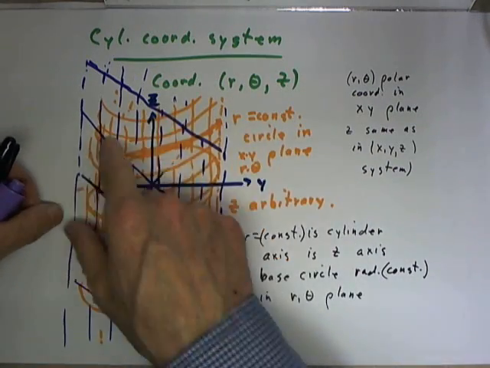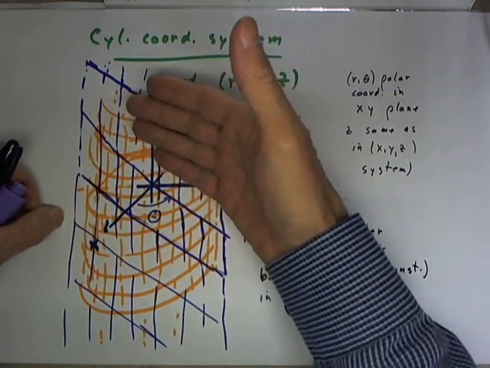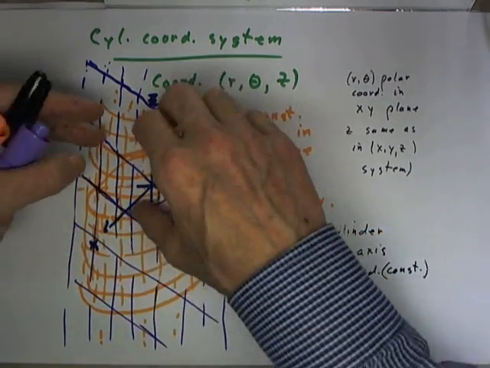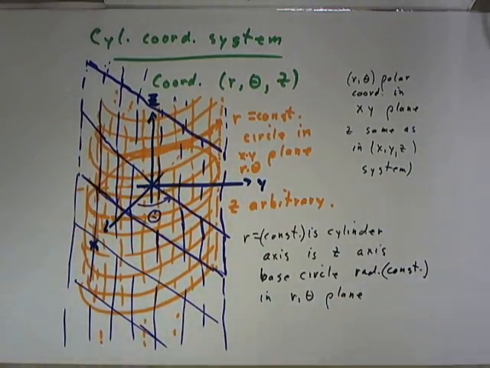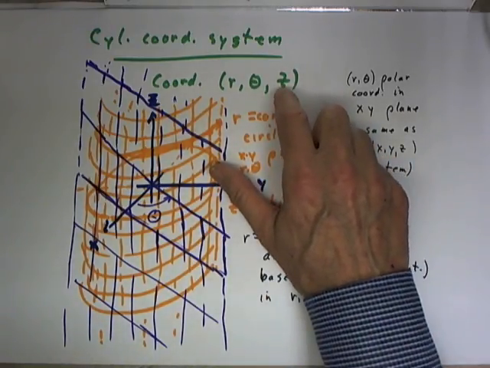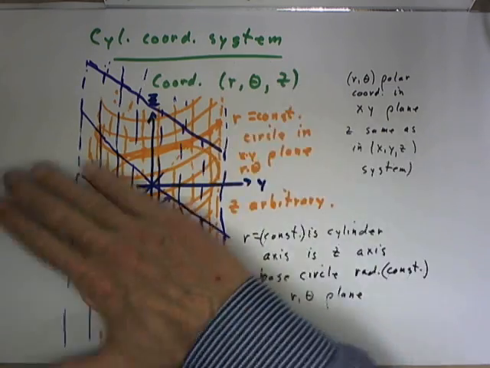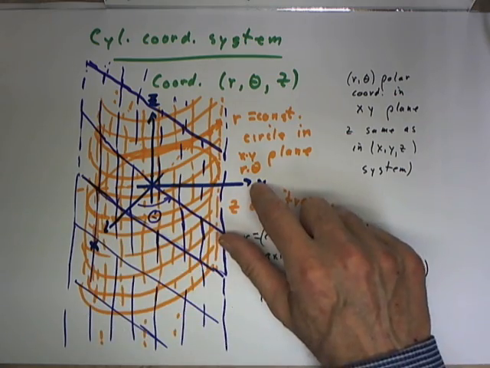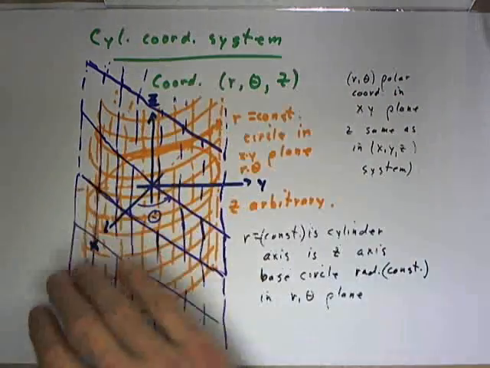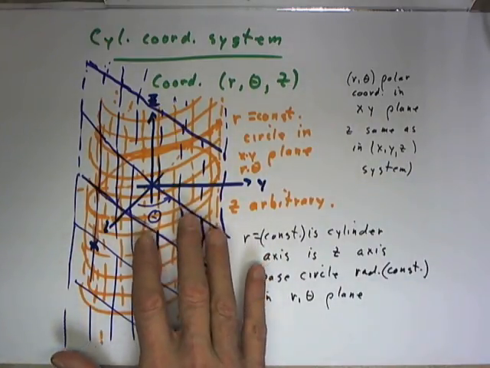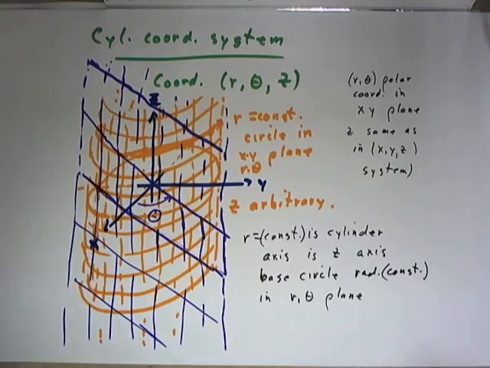In front of the plane, the arcs of the circle of the cylinder would be unshaded, but the lines of the plane that are hidden by that would be dotted, and so forth. The plane z equals constant is, just as in the case of the XYZ system, parallel to your two-dimensional coordinate plane, the XY or r theta plane. And I'm not going to attempt to sketch that. You can check a textbook. You can see lots of good illustrations on the web that show this more clearly.